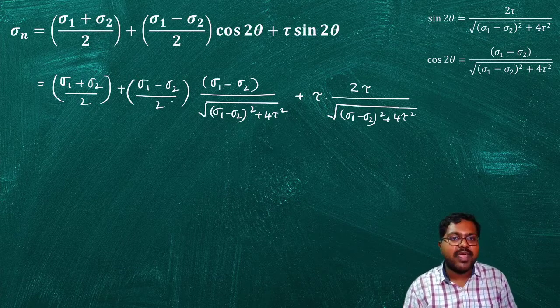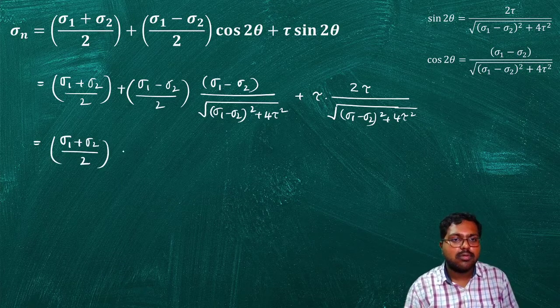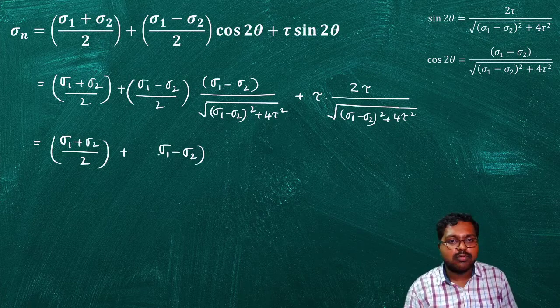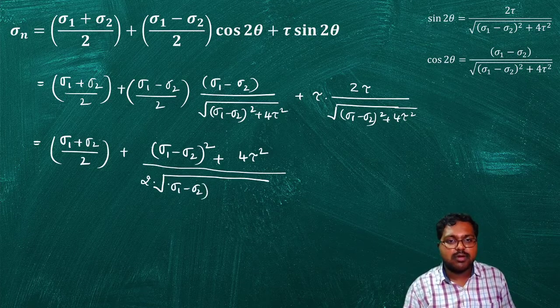So now I am simplifying it. I will get (sigma 1 plus sigma 2) by 2 plus [(sigma 1 minus sigma 2) whole square plus 2 times, that is 4 tau square] by 2 into the square root of (sigma 1 minus sigma 2) whole square plus 4 tau square.